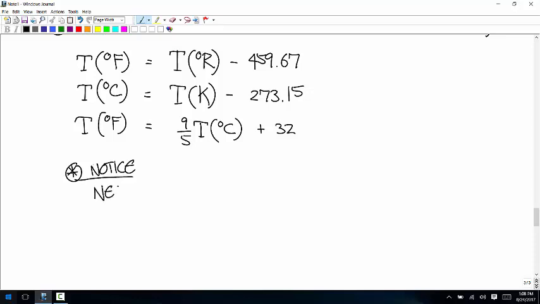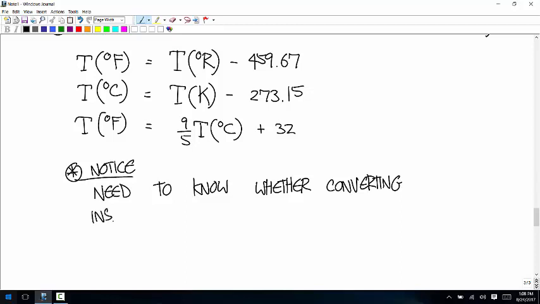You need to know whether you're converting an instantaneous temperature or a change in temperature.